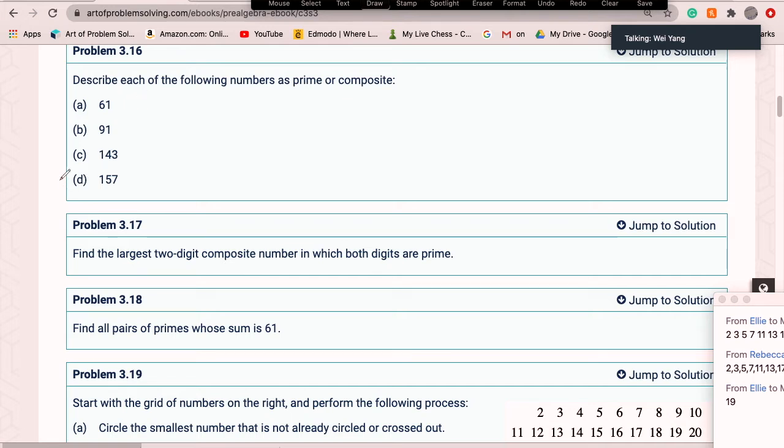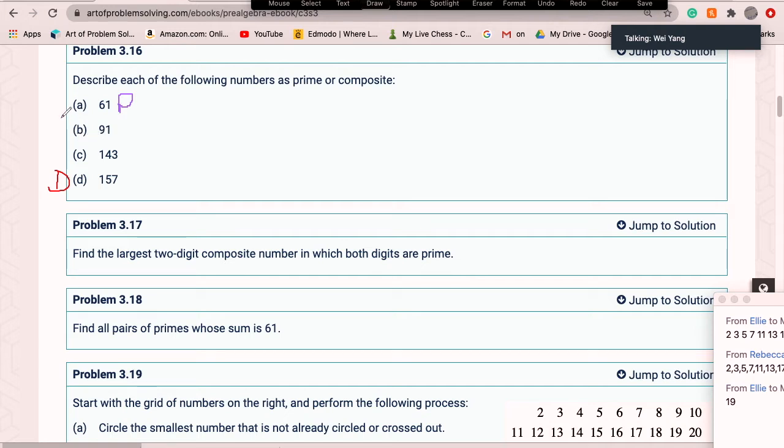You do D. I'll do A and B. No, you can't take both of them. No, we need to give each person a number to do. Whoever finishes first, no, that doesn't count. That doesn't count, Ellie.